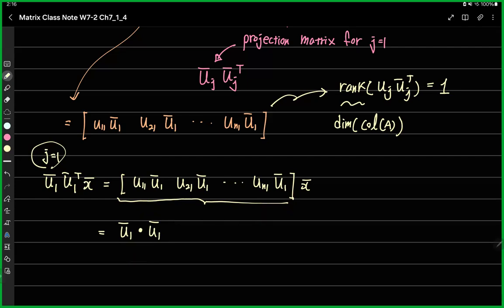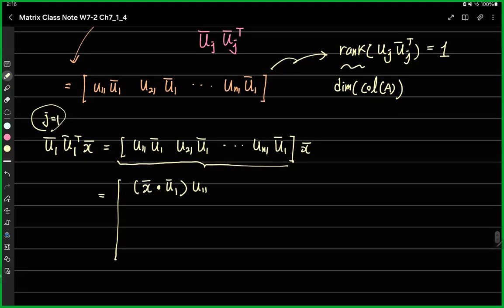Oh, sorry, not this one. I'm sorry. That is equal to x1, right? Transpose is equal to this. Then x dot product with u1 and then u11, right? And then this is u1 and then u21.